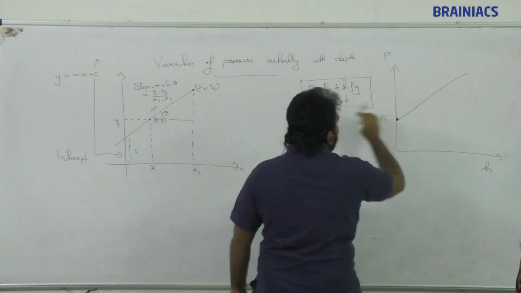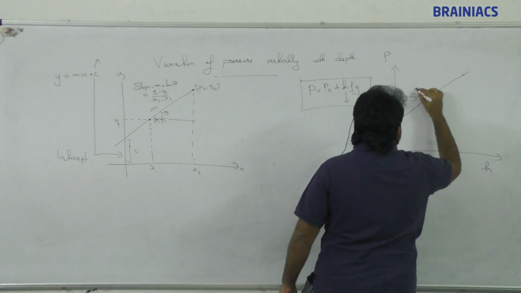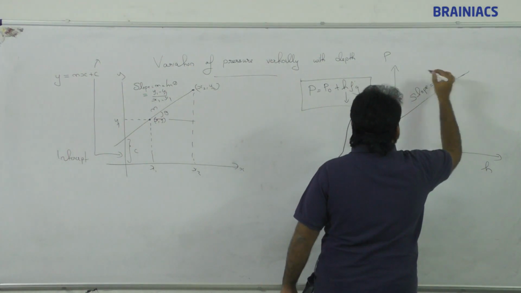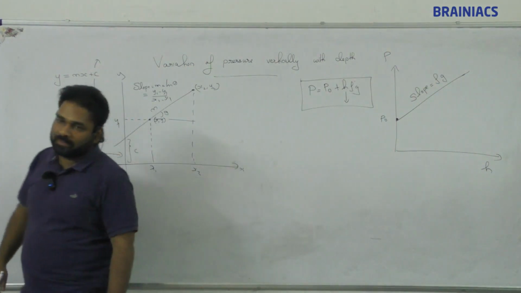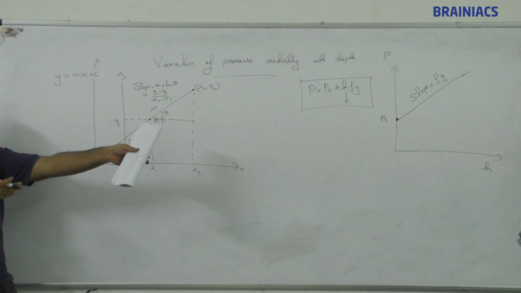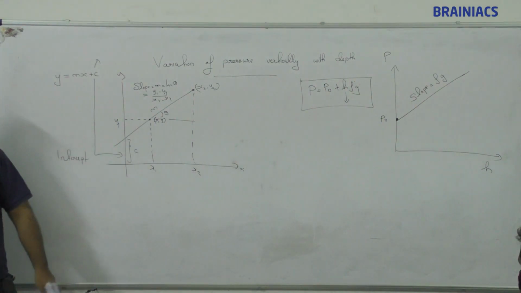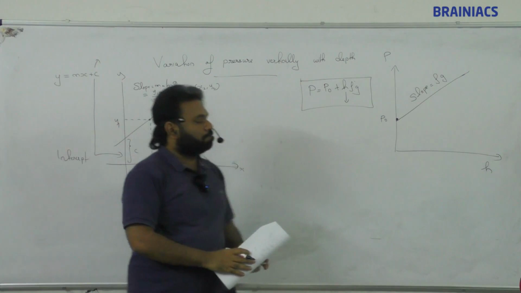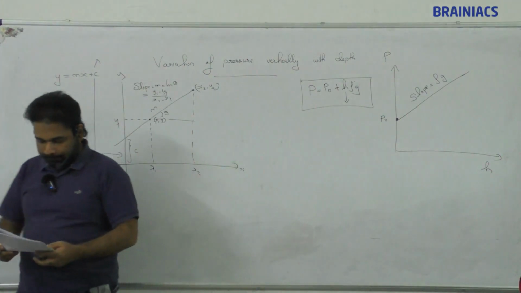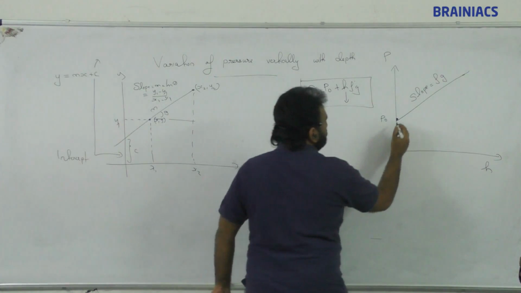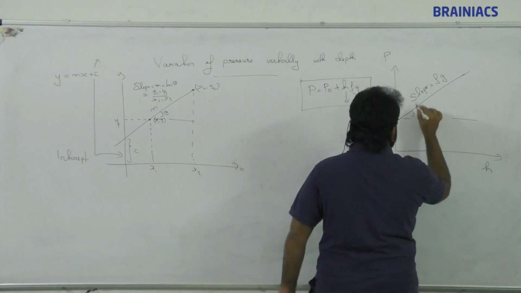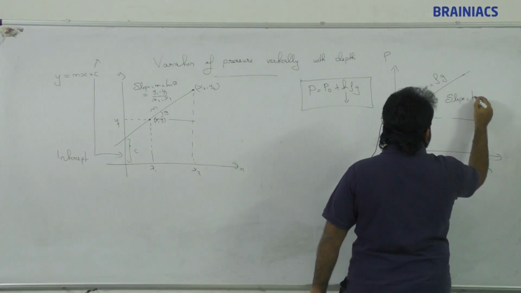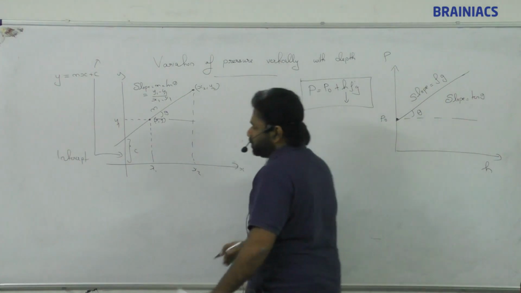What is the slope of this? The slope is rho g. If they give a graph with a twist, we will be able to deal with it, right? Fine. So if this is theta, the slope is tan theta. Okay, that is also fine.